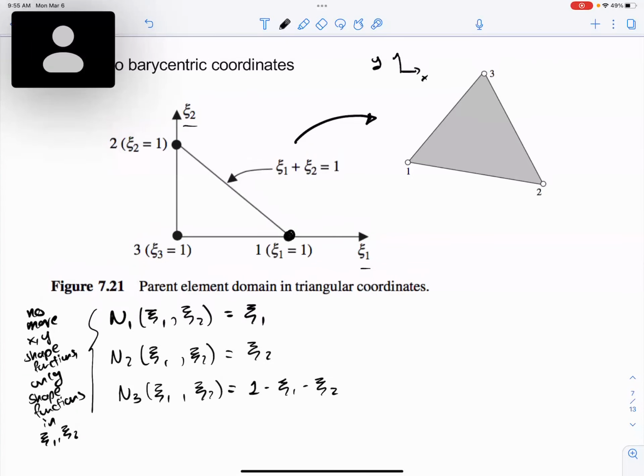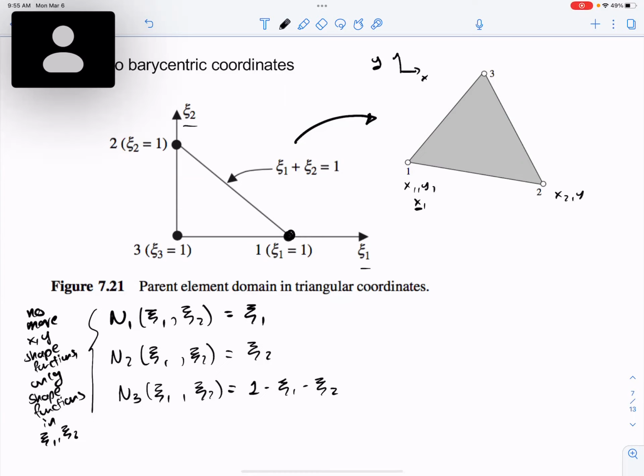So now no more shape functions in terms of xy. We're only going to use shape functions in terms of psi 1, psi 2. And similar to before, we are going to use the shape functions twice, one to interpolate x and another to interpolate theta. Here, this node has some x1, y1, which I'm going to call x1 vector.